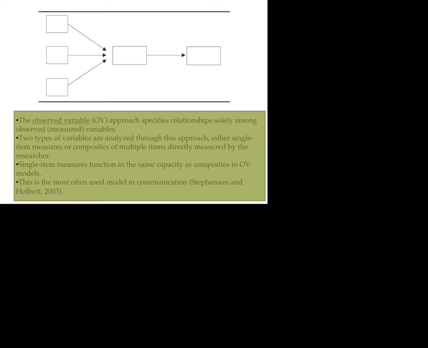This is from a publication that Mike Stevenson and Lance Holbert did back in 2003. The first approach would be that all of your variables are just observed variables. So this has only rectangles, right? Rectangles are all observed variables.